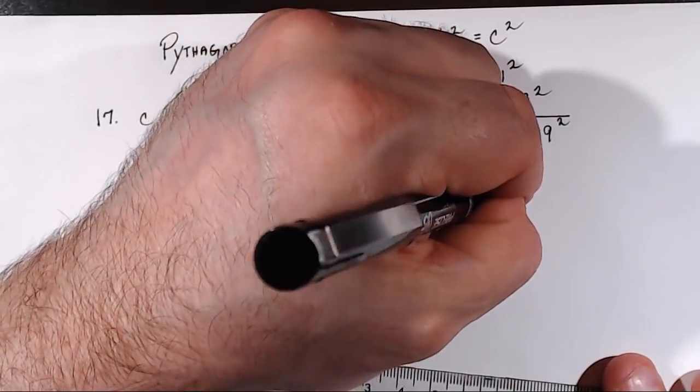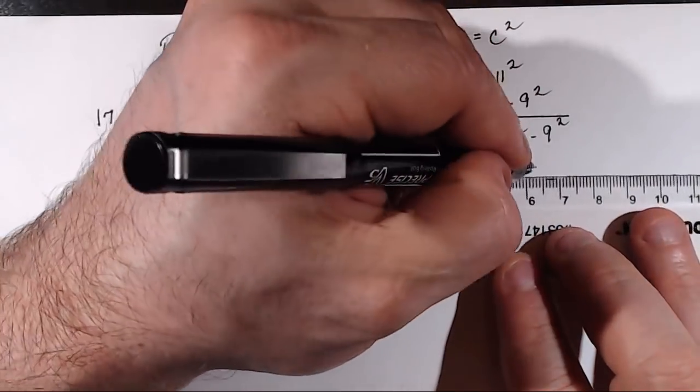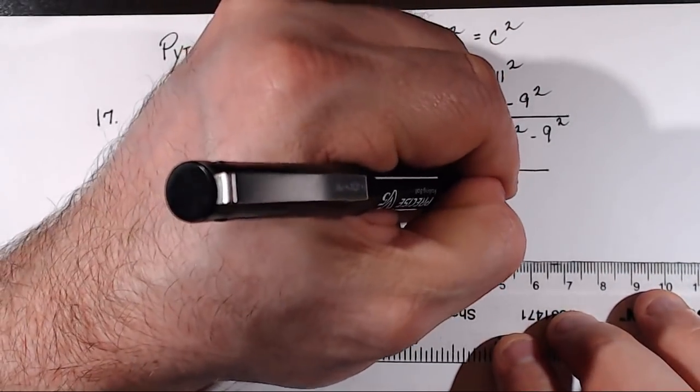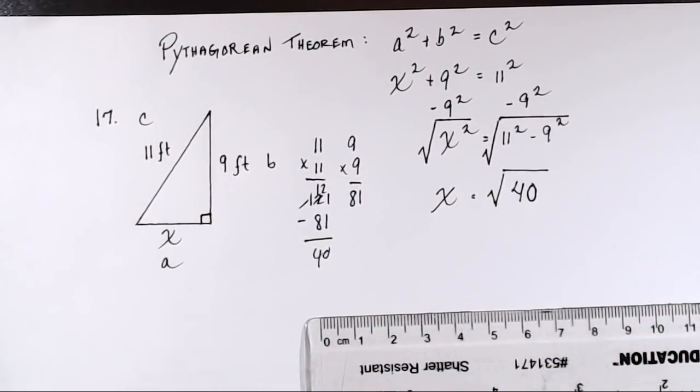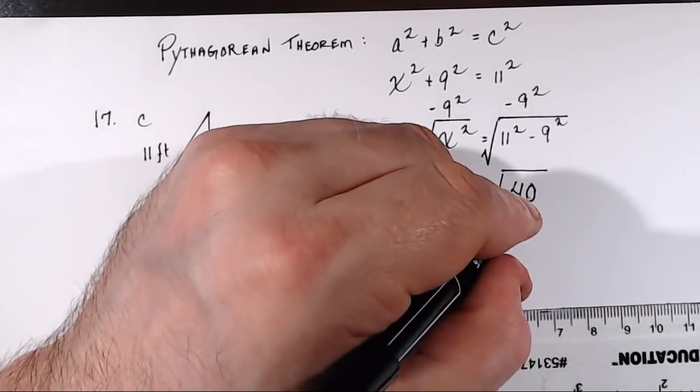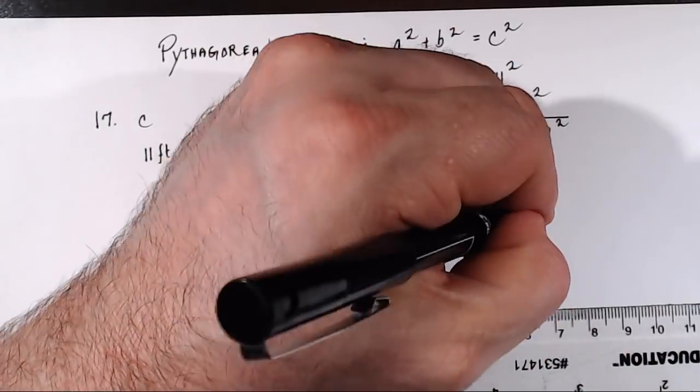So x is equal to the square root of 40. And you look in your answer choices, you're not going to find the square root of 40. You have got to prime factor that 40.